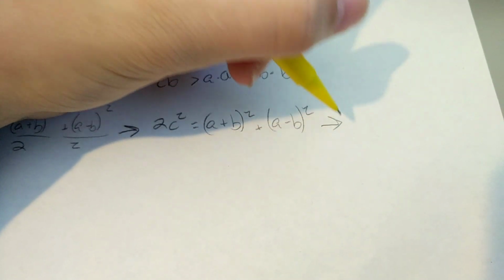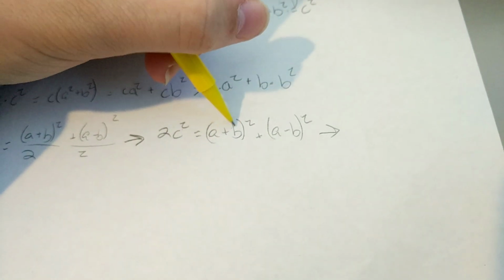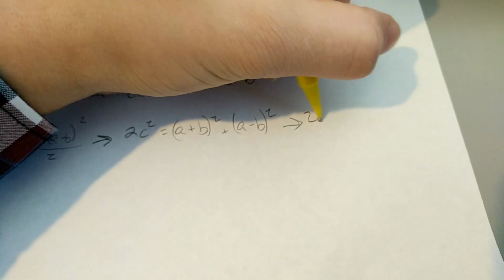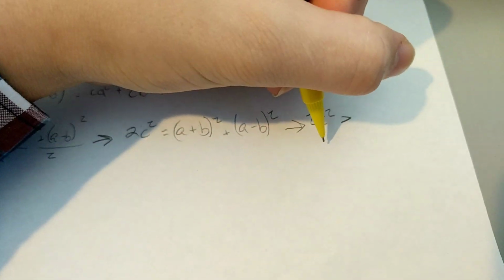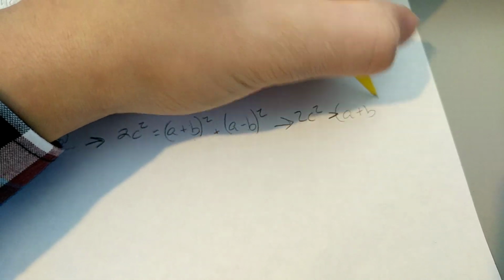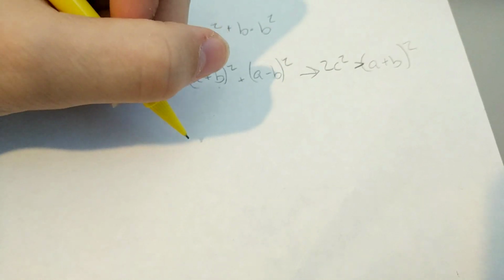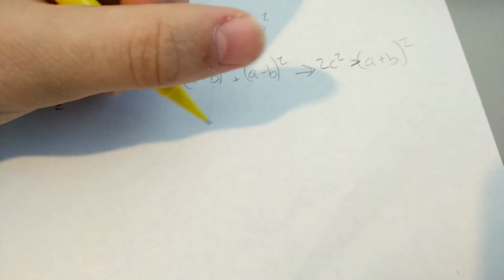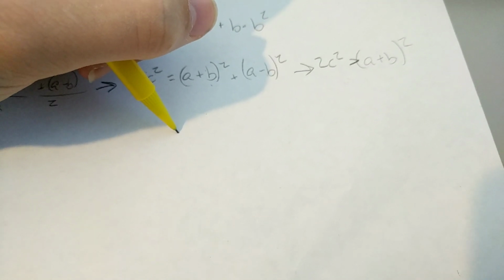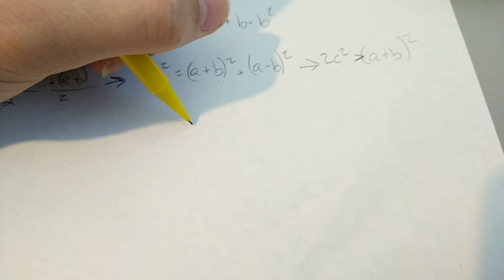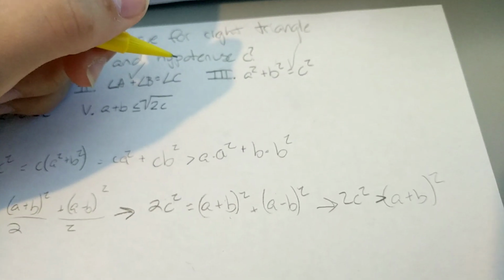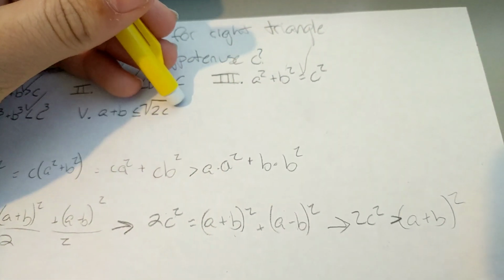And so that means that since 2C squared is equal to that plus that, and both of these are going to be positive, that means that 2C squared is going to be greater than either one of those, which includes A plus B quantity squared, which means that if you take the square root of both, this square root is only supposed to be over the 2.